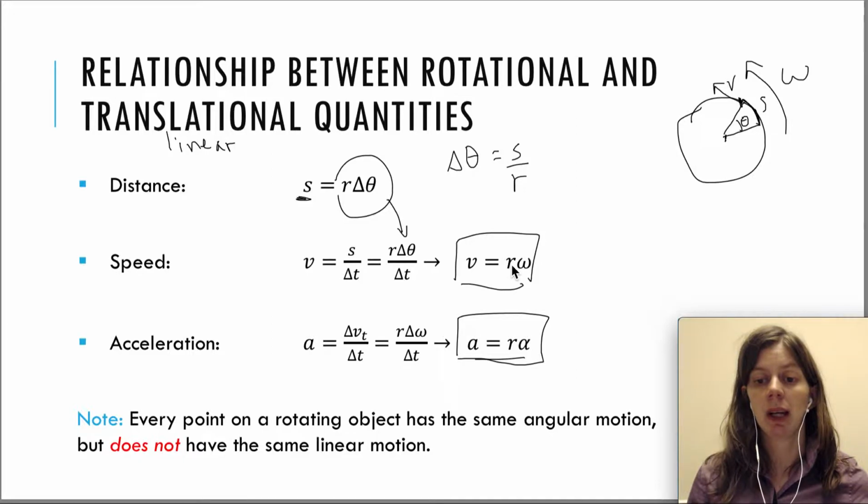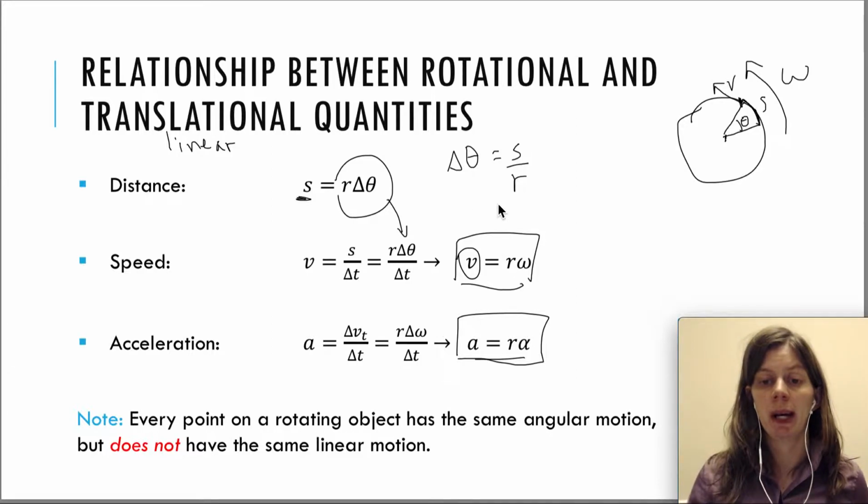This relationship tells us. If the radius is twice as big, then that linear speed is going to be twice as big. So just a reminder that every point on a rotating object has the same angular motion, but it does not have the same linear motion, because the linear motion depends on the radius, how far away you are from the axis of rotation.